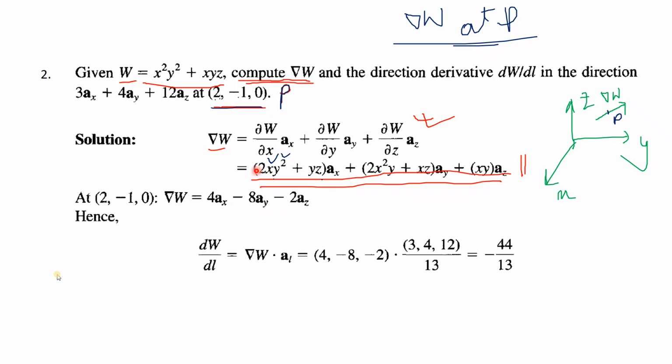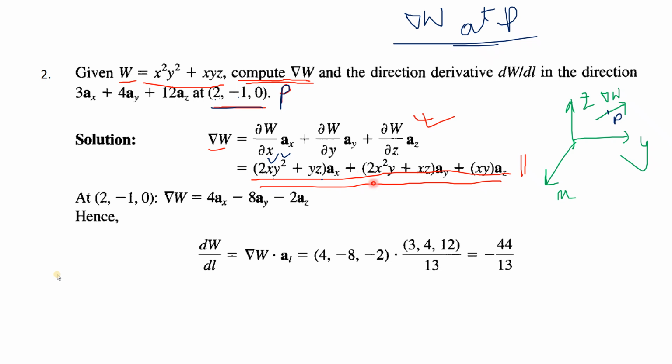So at point P, delta W is this. How? Because you put 2 over here. So 2 into 2x, x is 2, so 2 into 2, 4. Y is minus 1, so y square will be 1, so 4. Plus z is 0, so this is 0. So it is 4 unit vector x.